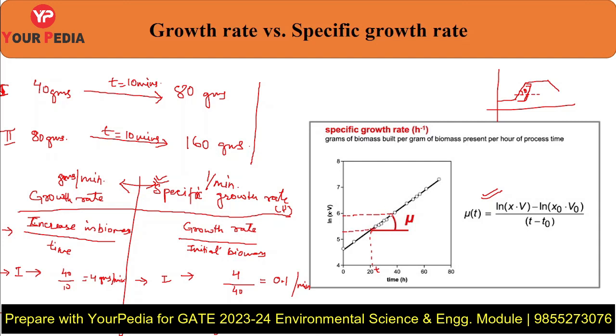This is ln x at this point. This point is ln x naught, right? And the difference of this and this will give us the perpendicular, and this time duration will give us the base.